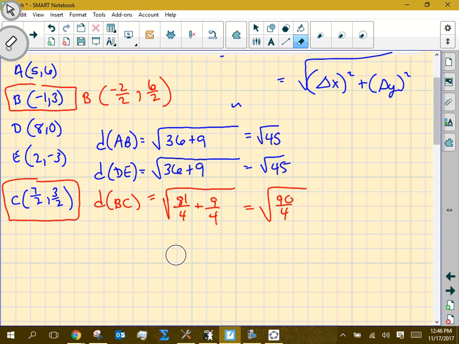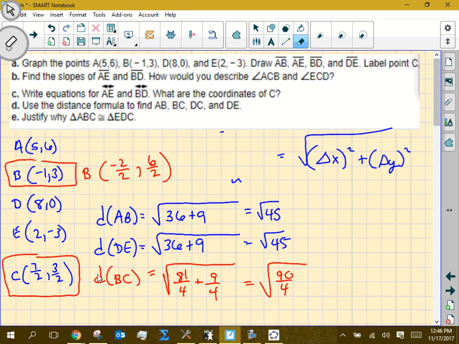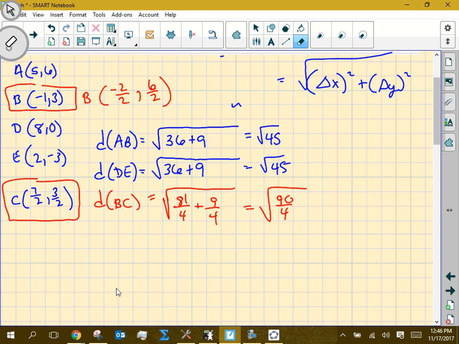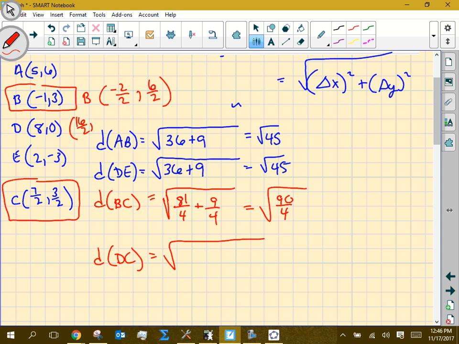Now we also wanted to do, and we'll do this a little bit quicker, DC. So DC. Now again, D probably makes sense to make that 16 over 2 and 0.